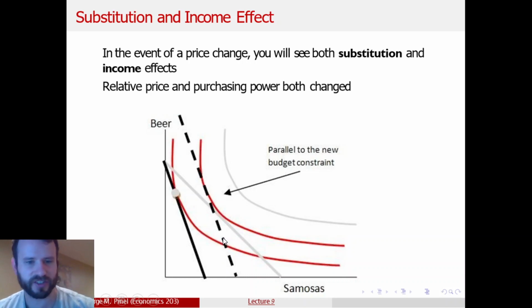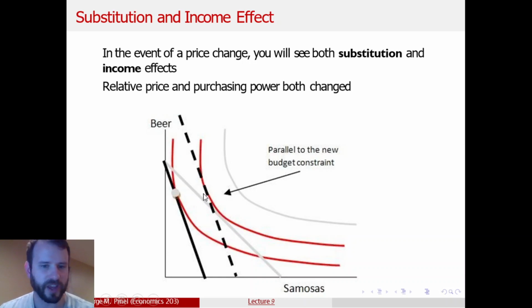Basically this is saying, what if we keep the price ratio steady? We keep the ratio of the price of beer and the price of samosas equal to what they were after the price change, but we keep our income level the same. Sorry, we increase the overall income level, but we keep the price ratio the same, such that you can still operate on this indifference curve.